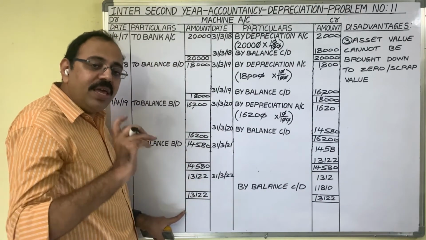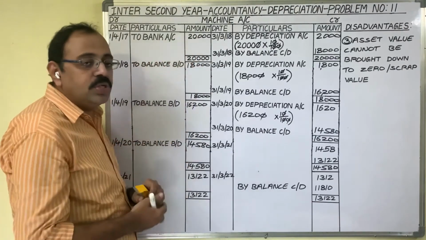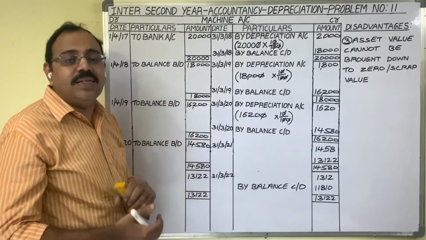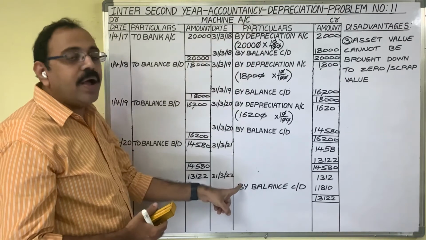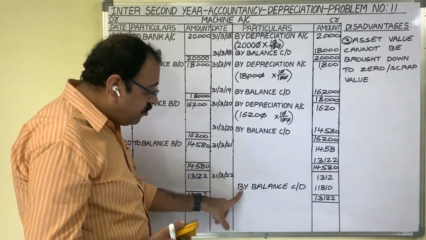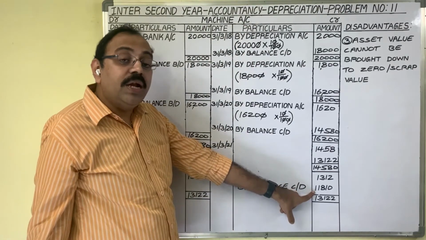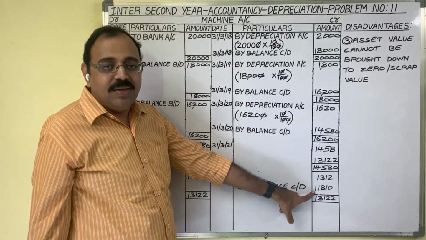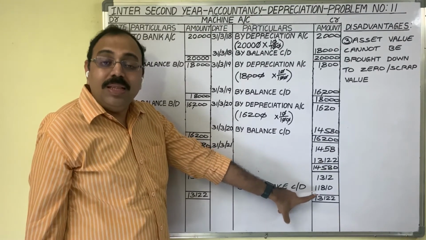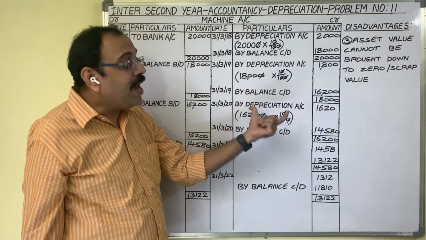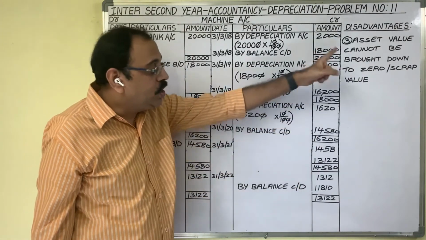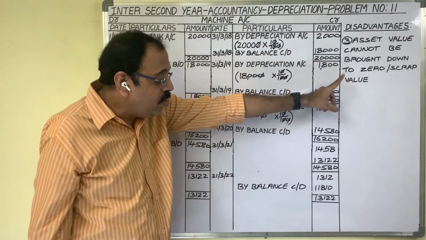Actually speaking, 5 years completed, the asset became useless. Now we have to purchase another asset. But according to accounts, at the end of the 5th year, we have 11,810 worth of property. Is it correct? No.